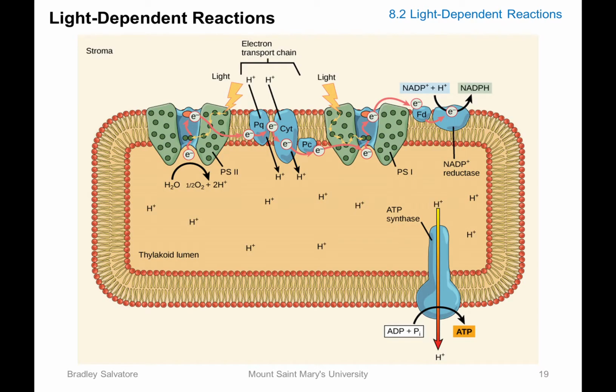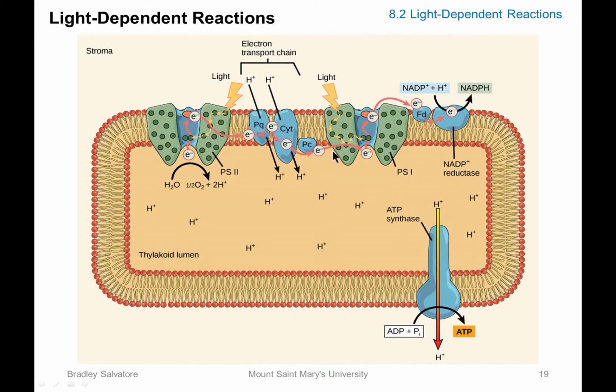And this is the overview of the light-dependent reactions. We didn't really see this part in these steps, but as you can see, we split water, getting that electron. That electron is excited by photosystem 2, passed down an electron transport chain, making that hydrogen gradient in order to pass down to ATP synthase to make ATP.